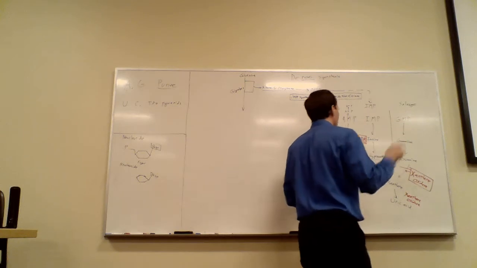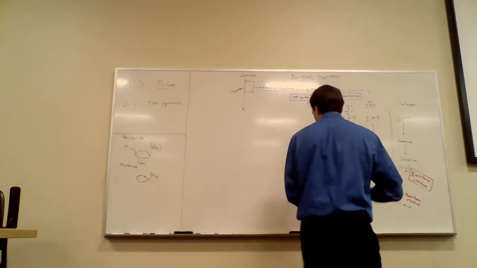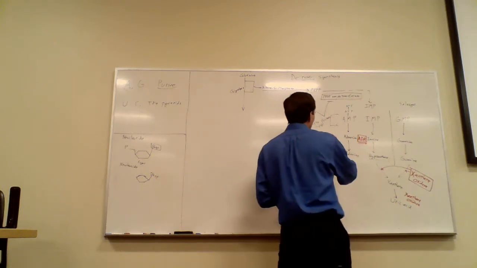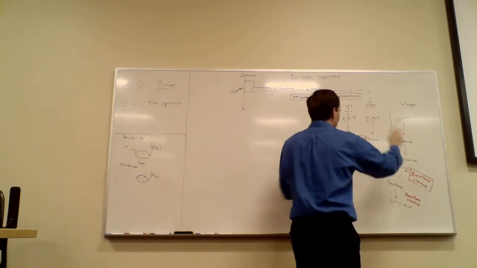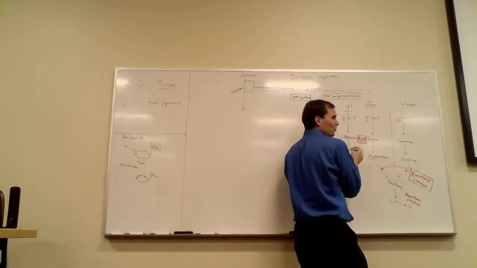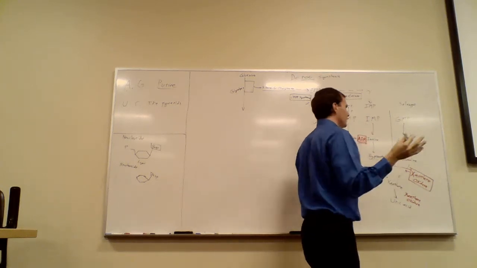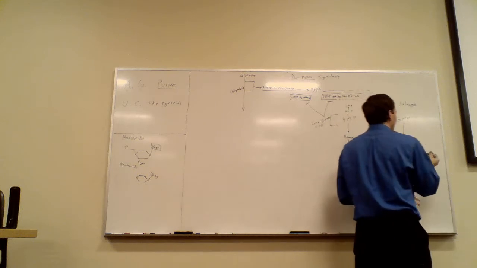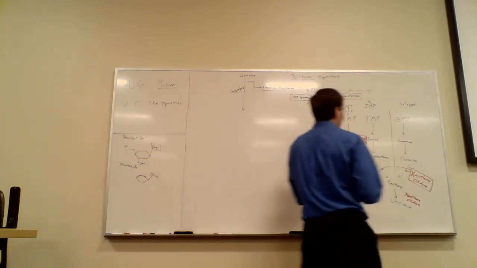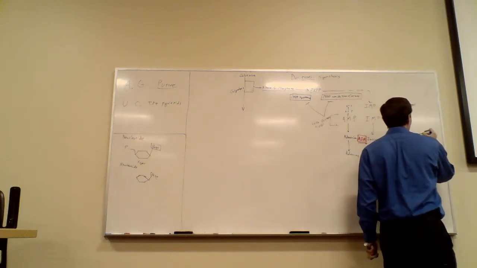Really quick, before I get to another question, I would like to show the salvage, which is what happens to recycle these guys. If we make it and then we break it down, it would be really cool if we could use it again because it's only a sugar and a phosphate that need to be added. I'm going to use blue for this because these enzymes are awesome.